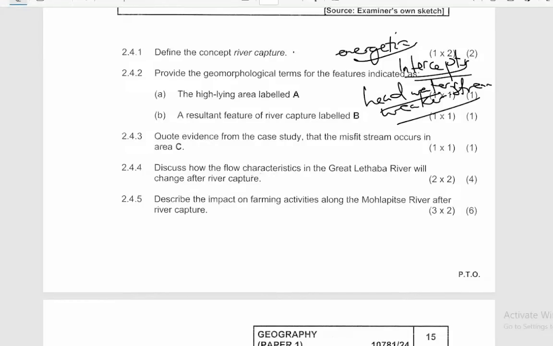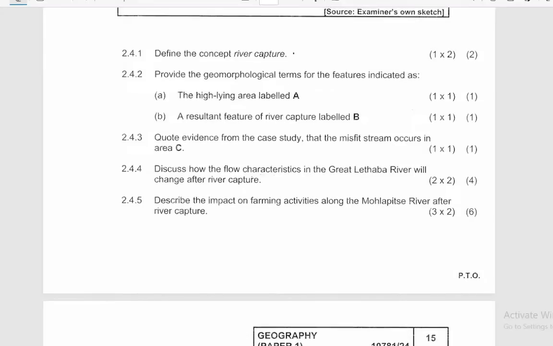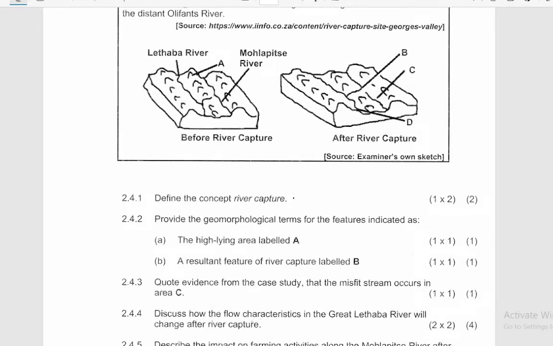Right, let's move to the next question. Provide a geomorphological term for the features indicated: a highlying area labeled A and a resultant feature of river capture labeled B. The highlying area labeled A is this one here. You can see there is one river here, Mhlapise, and Klitaba is here, and there is a highlying area which is separating those two rivers.